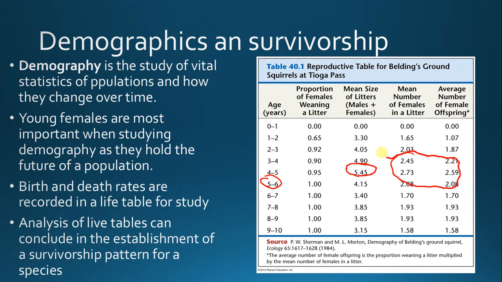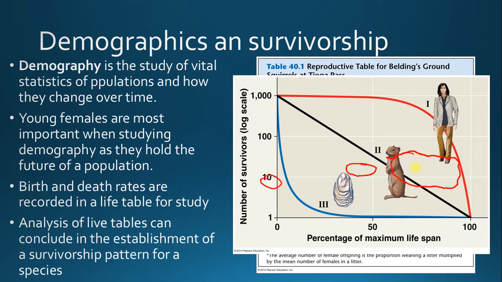So analysis of these life tables concludes in establishing survivorship patterns for different species. So we can see how long they live and when they give birth to other organisms. And in general, all organisms or all animals follow one of these three survivorship patterns.